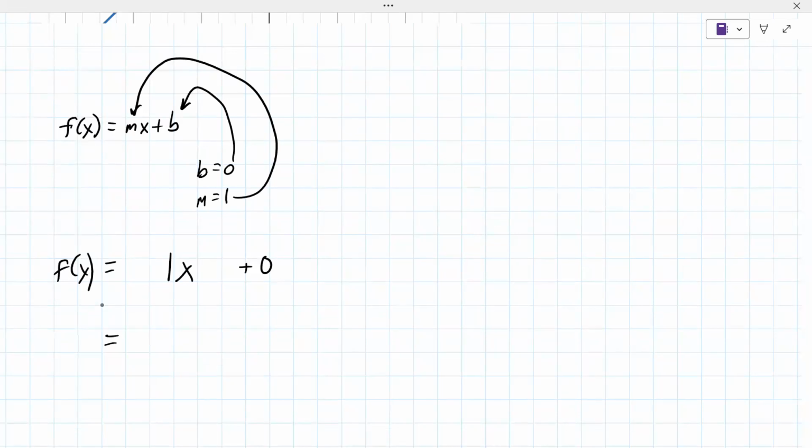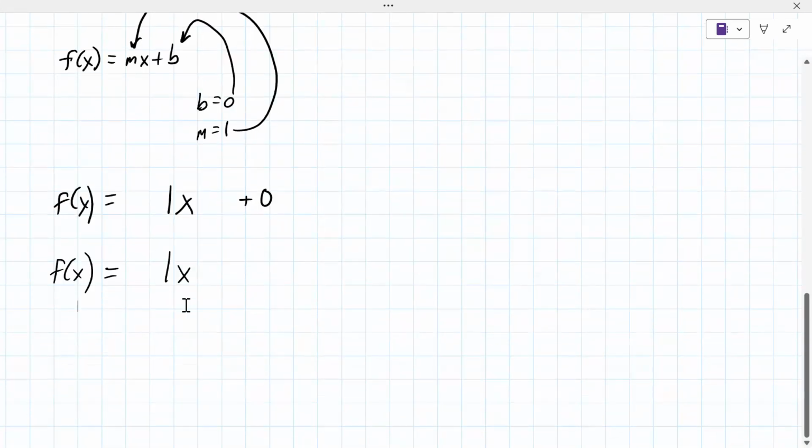Okay, and is it necessary to write the 1? Is there another way to write this without the 1? What about just x? Just x.